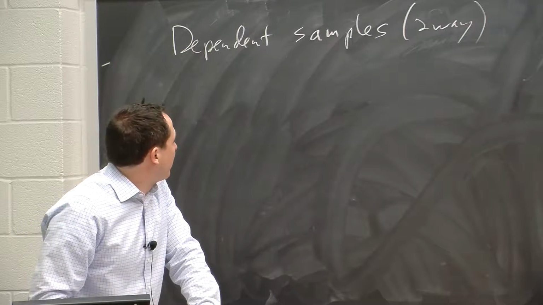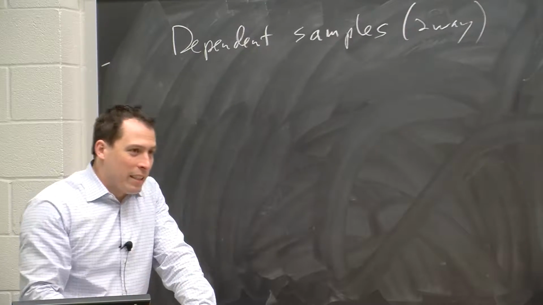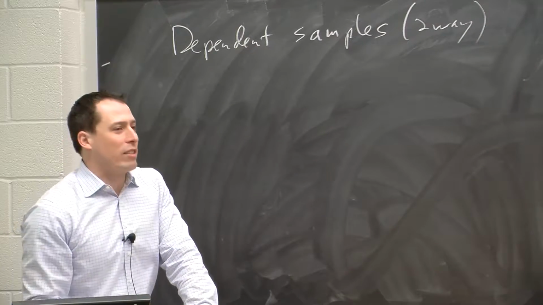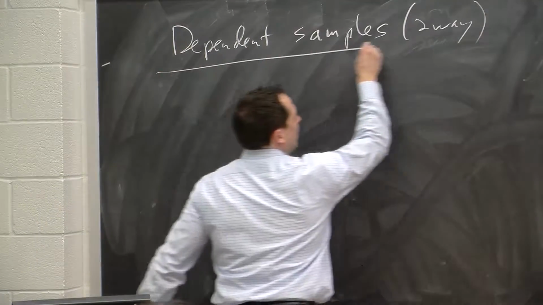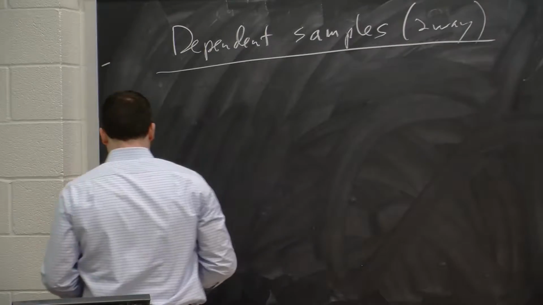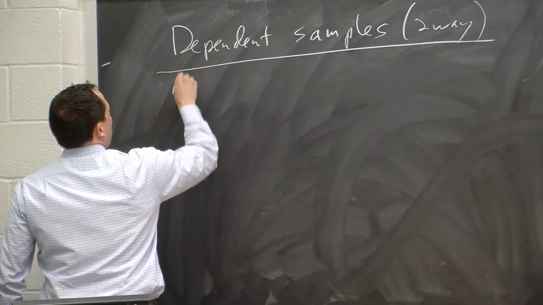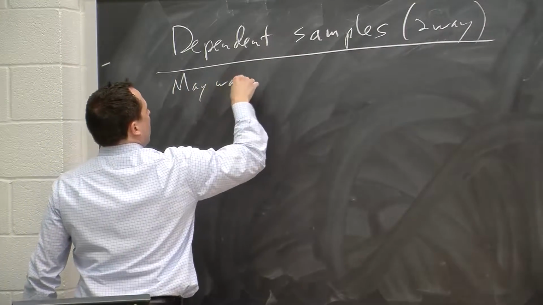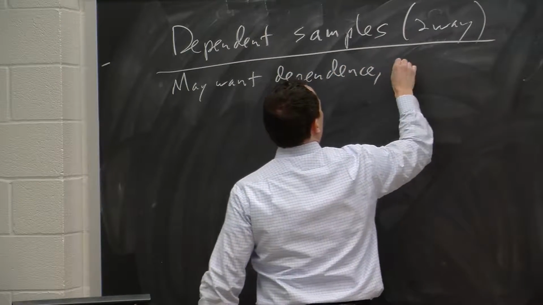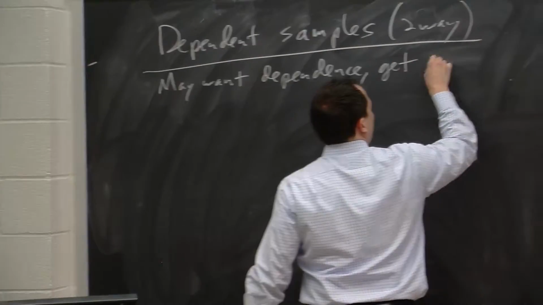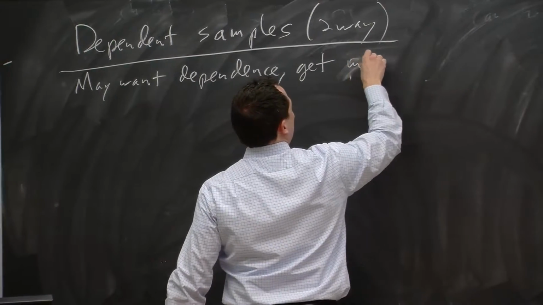Another way to say it is that perhaps we're most interested in such a matchup, right? A good example of that is longitudinal studies. And again, we're going to have a situation where we get more statistical power.